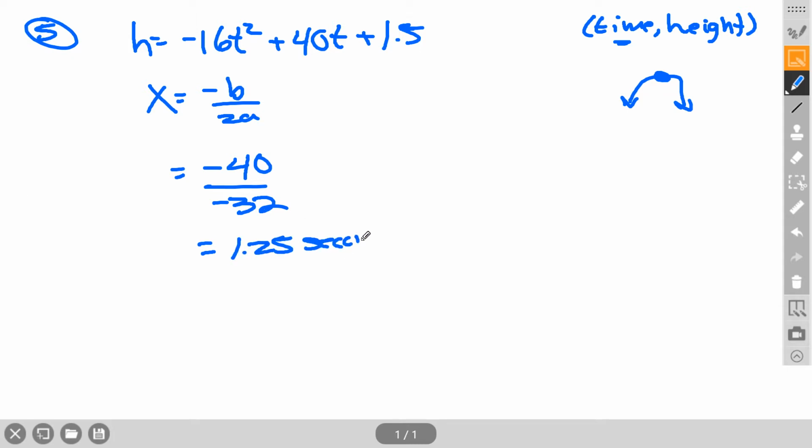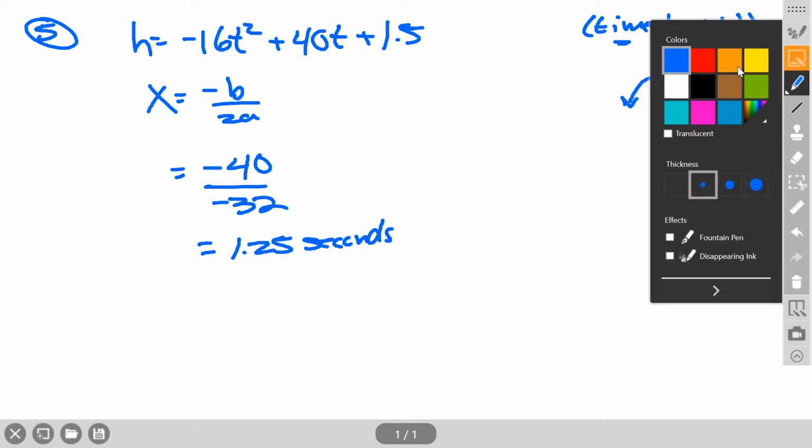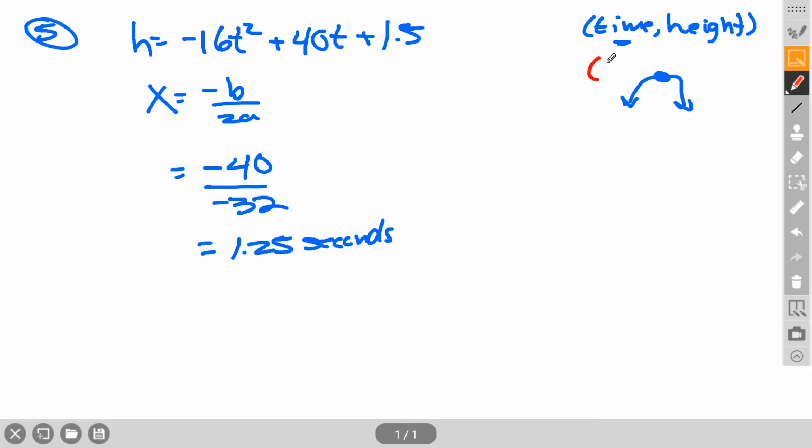Since we are working with real-world problems, we are okay to use decimals, but this is the only time. So 1.25 seconds is how long it takes to get there.